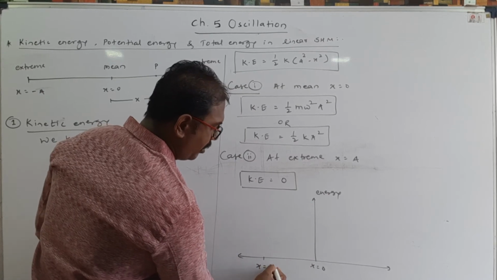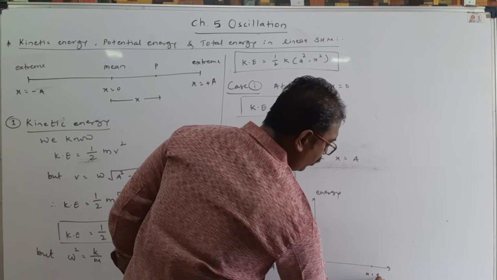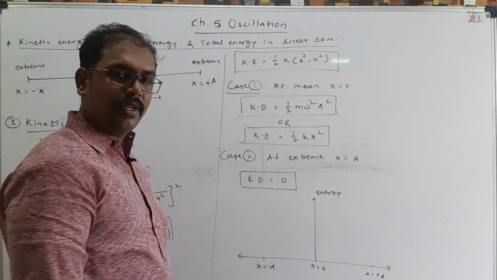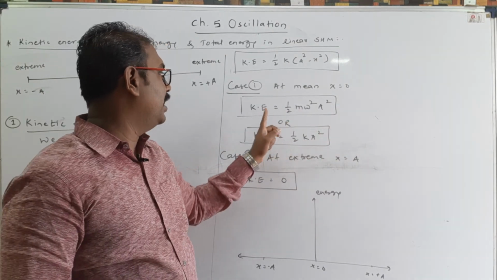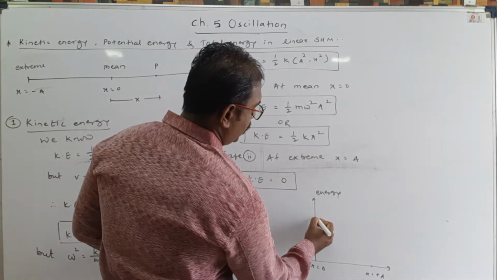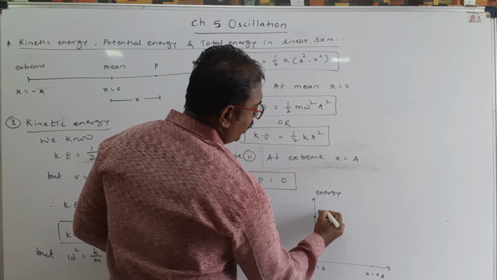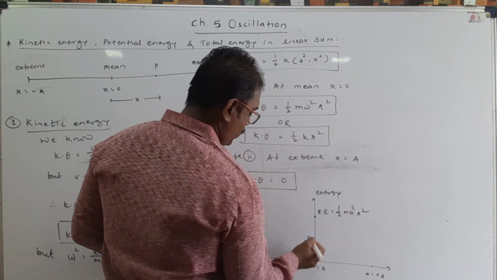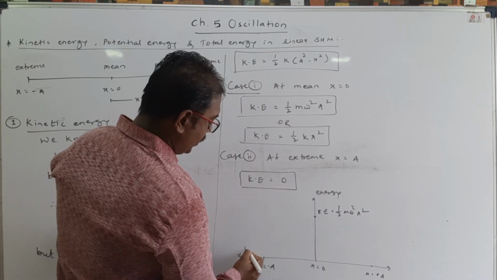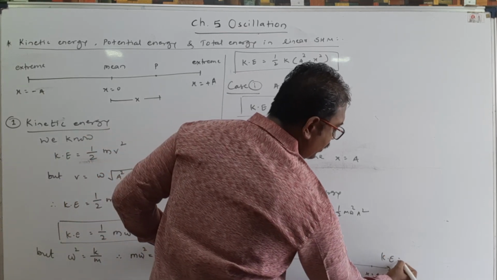This is the extreme position, minus A, and here x is equal to plus A. Then at mean x is equal to 0 and the kinetic energy is this. So this is the kinetic energy at mean, 1 by 2 m omega square A square, and at this value kinetic energy is 0. So here also kinetic energy is coming 0.